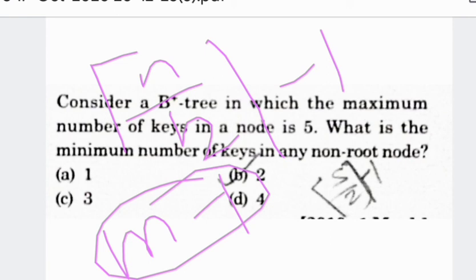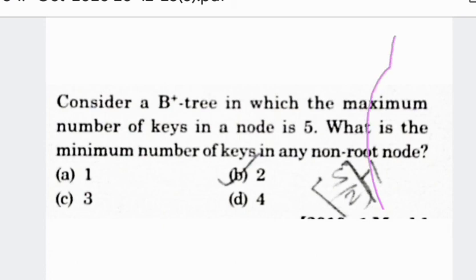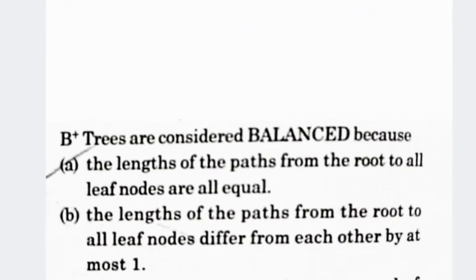So we easily put the value of n into the given equation and we find the minimum number of keys in any non-root node is equal to 2. So option B is your correct answer. Now come to the next question.